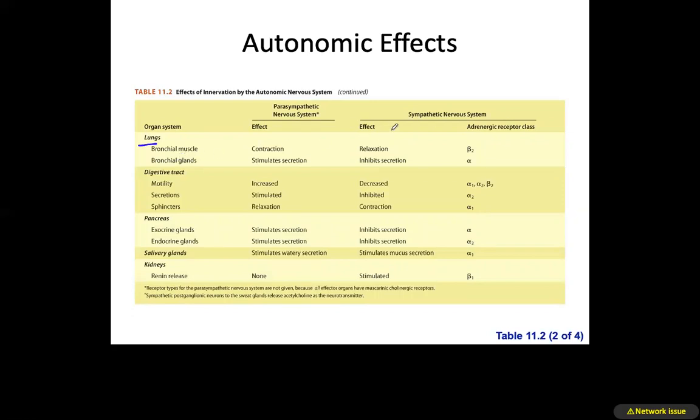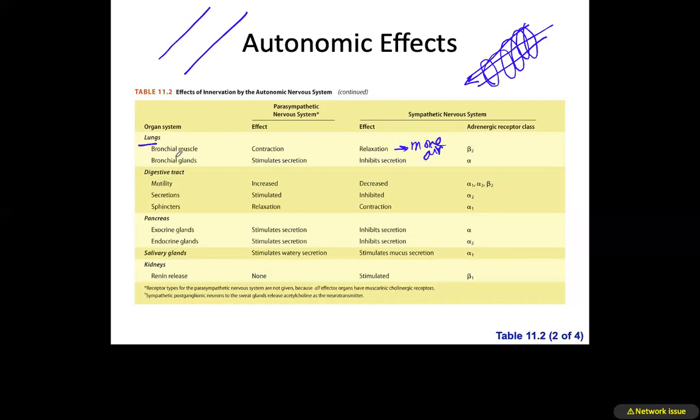The contraction and relaxation of these muscles can change the airflow through the air passageway. So when you're dealing with the sympathetic nervous system, these muscles that are around your air passageway are going to relax, and they cause the air passageway to open up. So the diameter is more, and that allows more air to pass through.